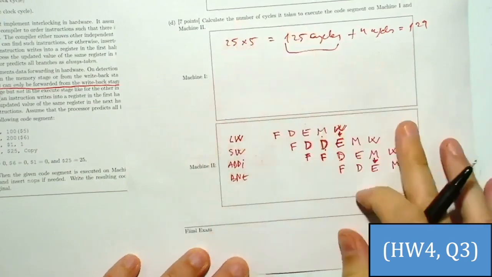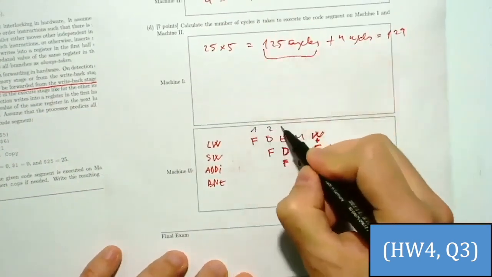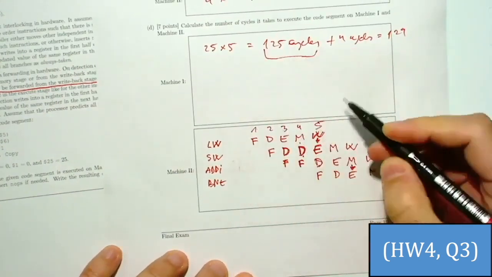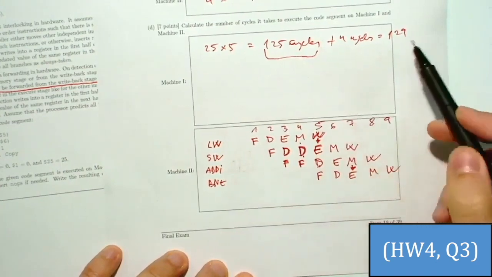So the question is asking for the number of cycles. We have 1, 2, 3, 4, 5, 6, 7, 9 cycles.